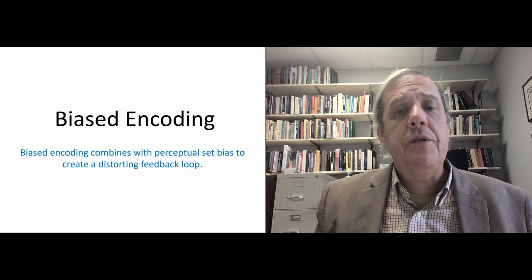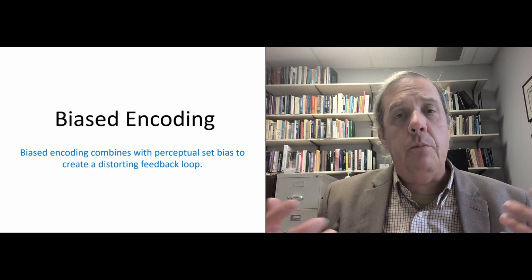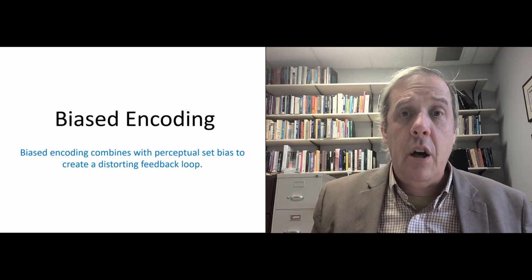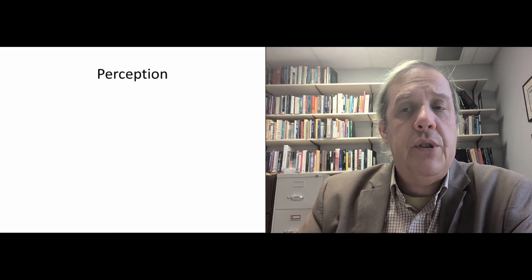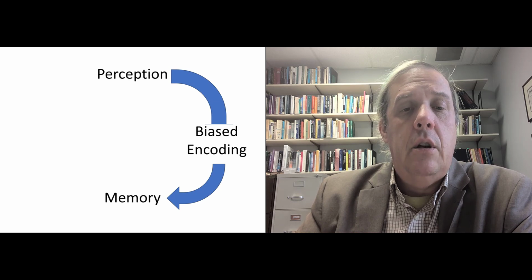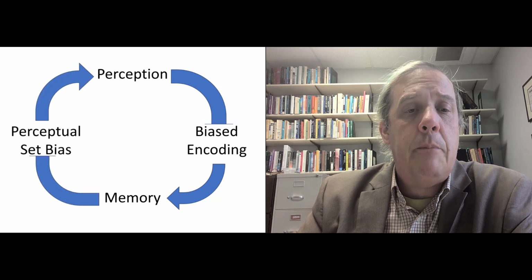So perceptual set bias creates a bias in what you perceive. That creates a bias in how you encode. So think about how these work together. You have perception. Perception leads to biased encoding. That leads to a memory. And what does your memory do? Memory serves as the basis for perceptual set bias.